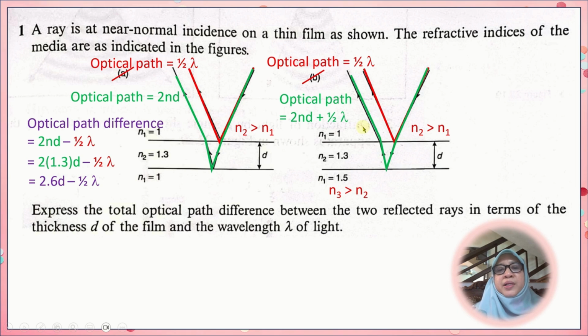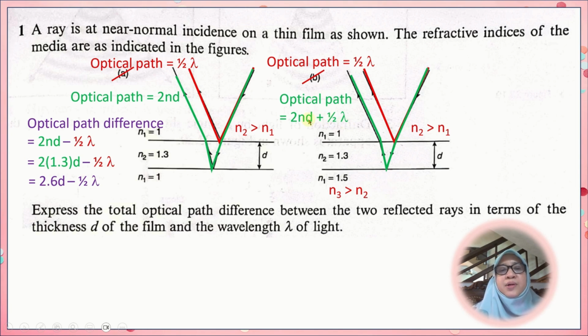So what happened? The optical path becomes 2nd plus half lambda. We must add half lambda because the interface here is between the 1.3 that is less dense than the 1.5. So here is the denser medium, that's why we must add the half lambda.